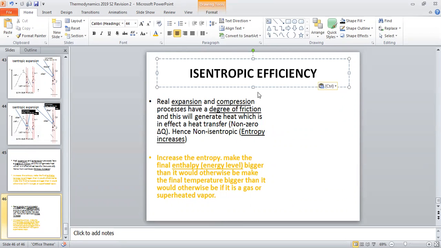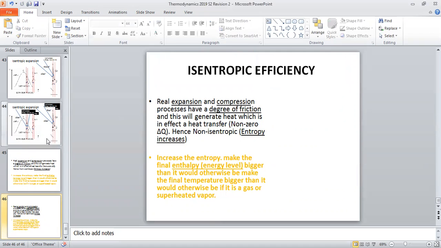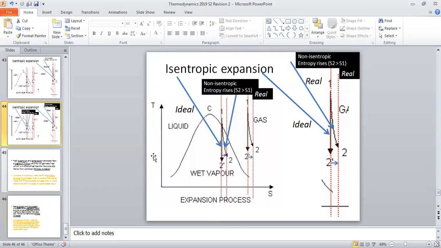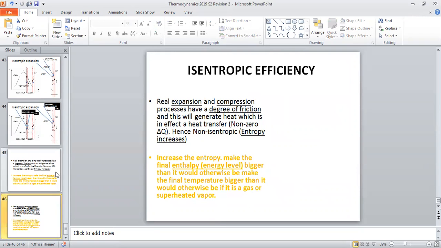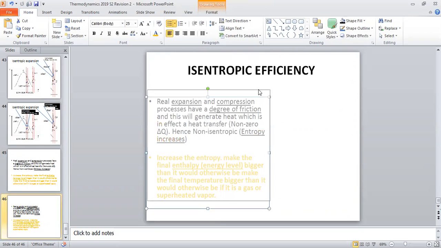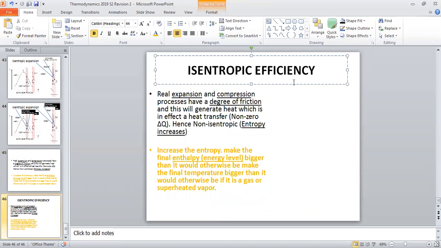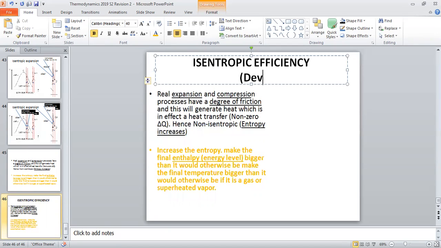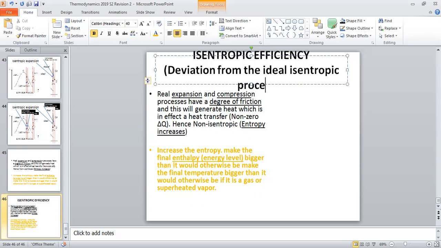This is about isentropic efficiency. Let's say efficiency in the sense of deviation from the ideal isentropic process.